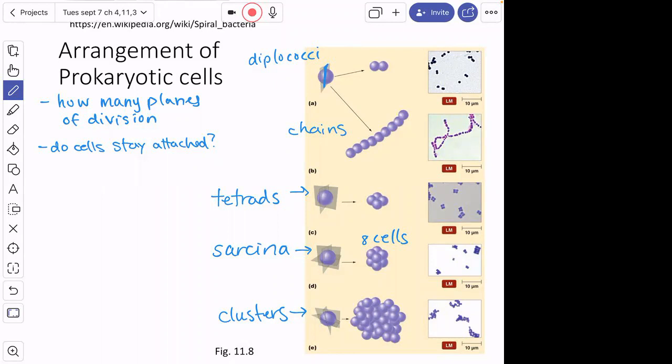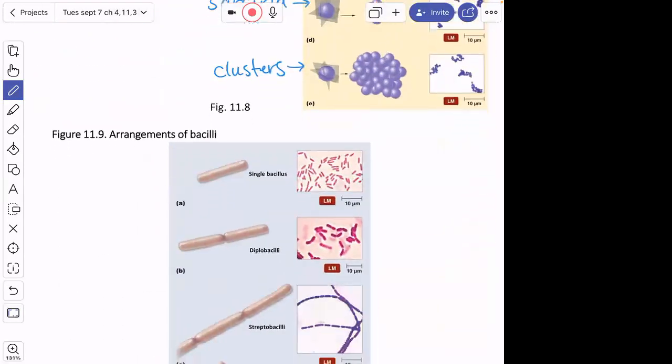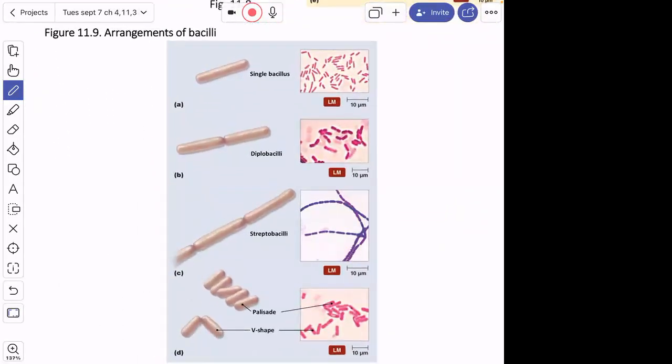It's a little bit simpler when you talk about how bacilli arrange, because bacilli don't divide in lots of different planes. Basically, bacilli are always going to divide the same way. They get longer and longer, and then they pinch off in the center and divide.